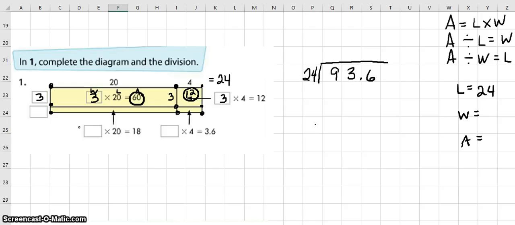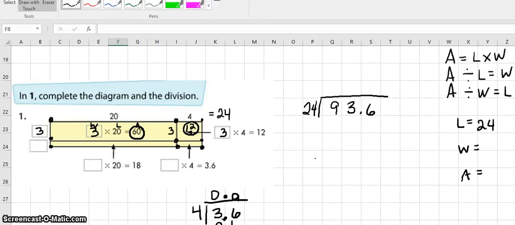So I can come over here and go 4 divided into 3 6/10. It will not go in there. I can bring my decimal up, bring it down. What times 4 equals 36? 9 times 4 equals, oh, that didn't do. Let's try that again.